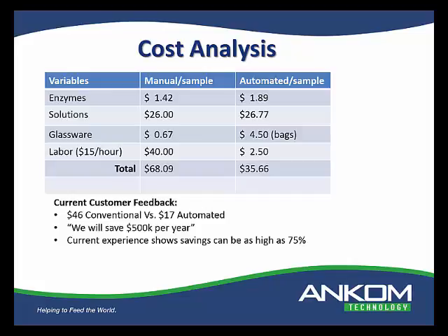All right. So the fourth line down is the big one. You can see that the labor during the manual analysis is about $40 per sample. The person's spending 2.5, maybe even a little more than 2.5 hours per sample, where with our system, someone who's got some experience can get it set up and running and spend about 30 minutes complete for 3 samples in duplicate.